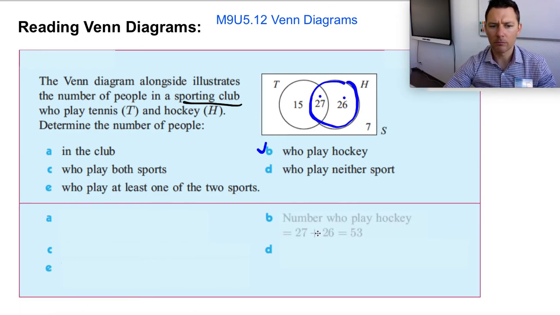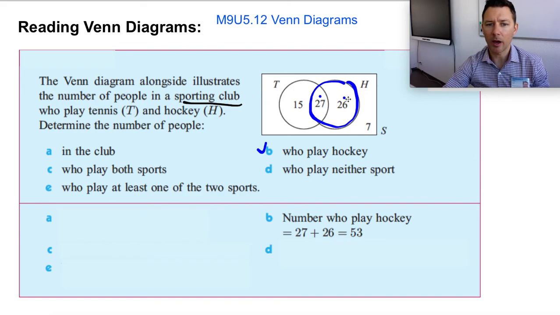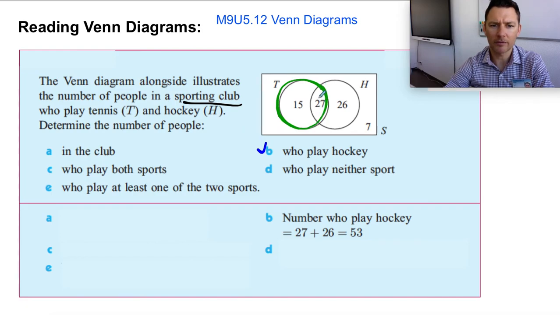So in total, 53. If you add them up, there's 53 in this circle, right? Same with tennis. Same idea with tennis. These are the tennis players, 27 and 15. So if you add them up, you find everybody who plays tennis. Okay, that's kind of hard to visualize.